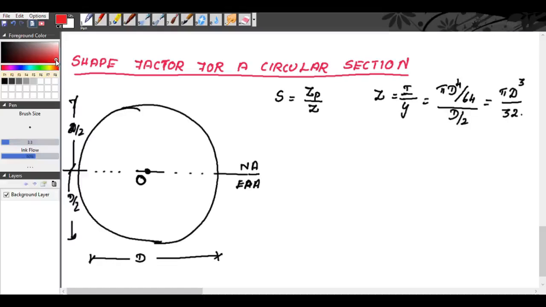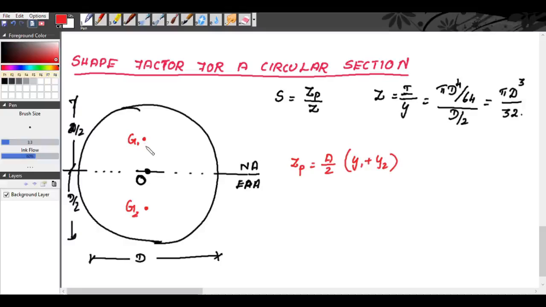Now we will calculate Zp. Zp is equal to area by 2 into y1 plus y2. So y1 is nothing but the distance. You take this as g1 and this as the centroid of this semicircle, g2.